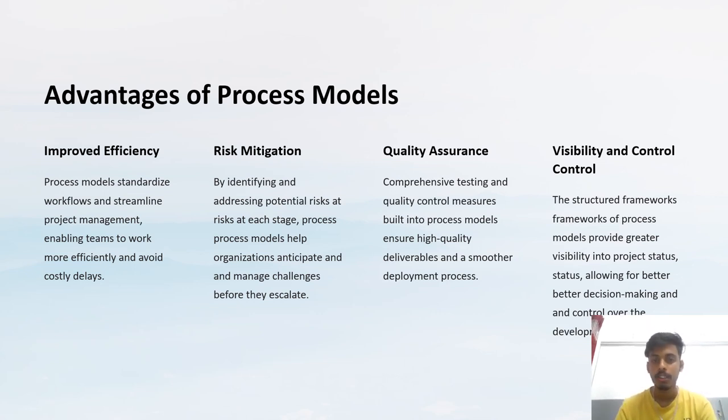Quality assurance. Comprehensive testing and quality control measures built into process models ensure high-quality deliverables and a smoother deployment process. Visibility and control. The structured frameworks of process models provide greater visibility into project status, allowing for better decision making and control over the software development cycle.